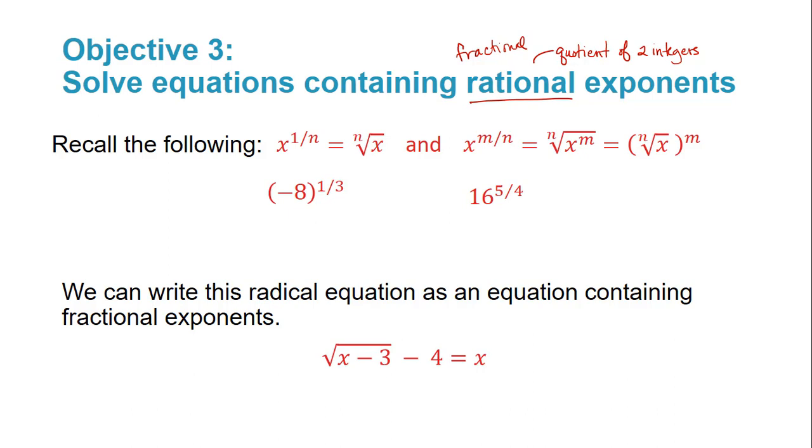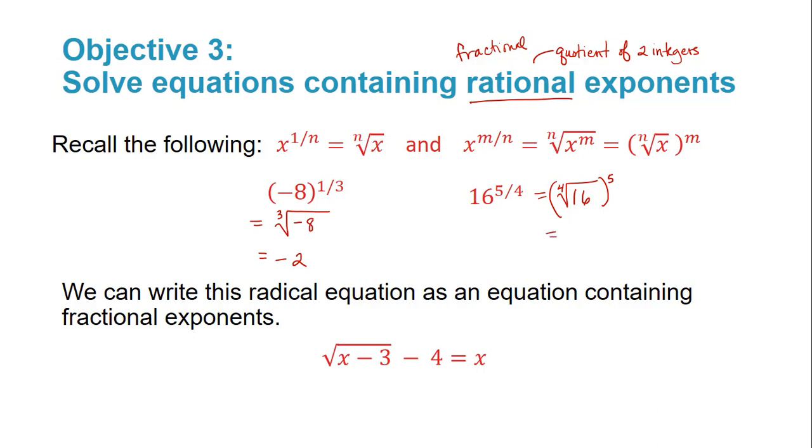Negative 8 to the 1/3 means to find the cube root of negative 8. The cube root of negative 8 means what number do I cube to get negative 8? And that is negative 2. The expression 16 to the 5/4 means to figure out what is the fourth root of 16 and then raise that to the 5.